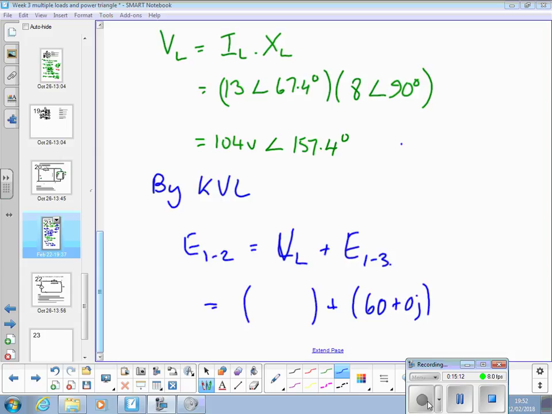Here's 0, and we're going more than 90 degrees, but not 180, so we're in that quadrant. Is it a negative real part? Yes, you'd expect a negative real part because it's left to right on there.